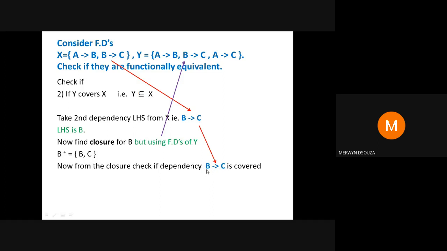For that to be covered, C should be present in the closure of B. Since the B closure contains C, we say B determines C is covered. Since both these FDs are covered and we have checked all the FDs of X, we can conclude that Y covers X.